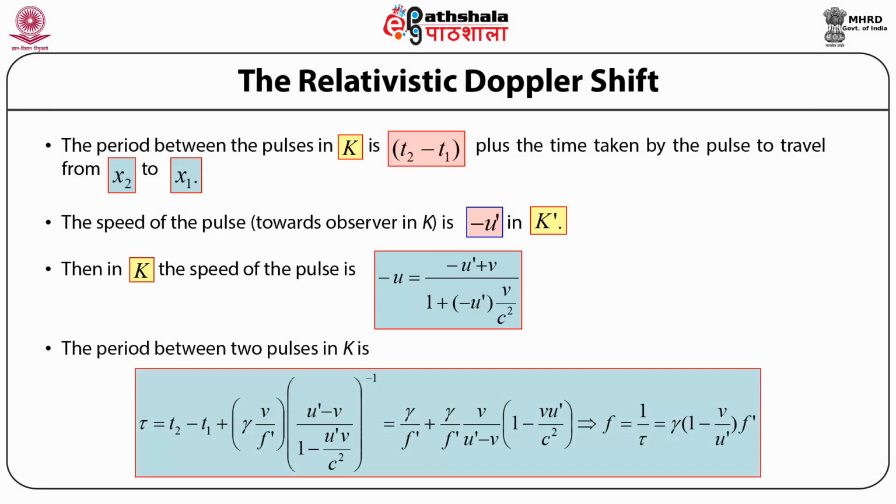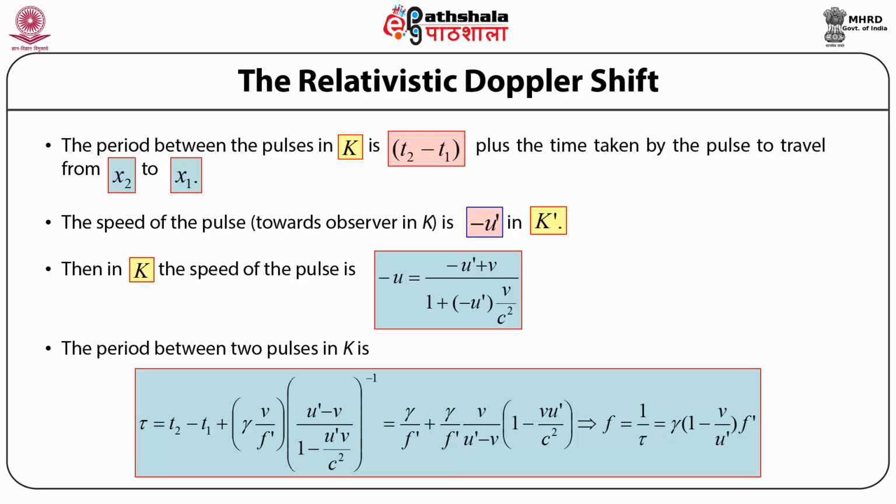So the time period between the two pulses in the K frame of reference, which is denoted by tau, is equal to (t2 - t1) plus (gamma v / f') times the inverse of ((u' - v) / (1 - u' v / c²)).